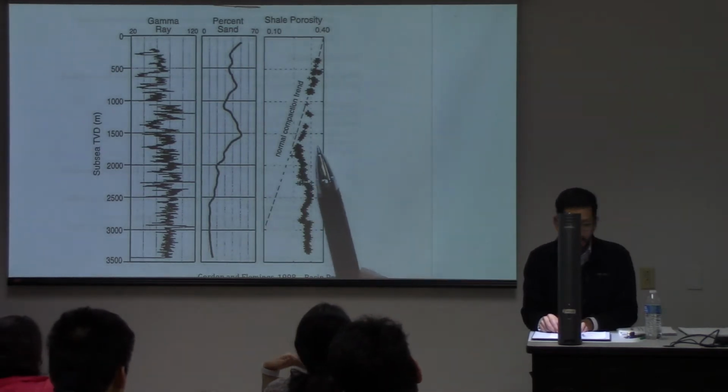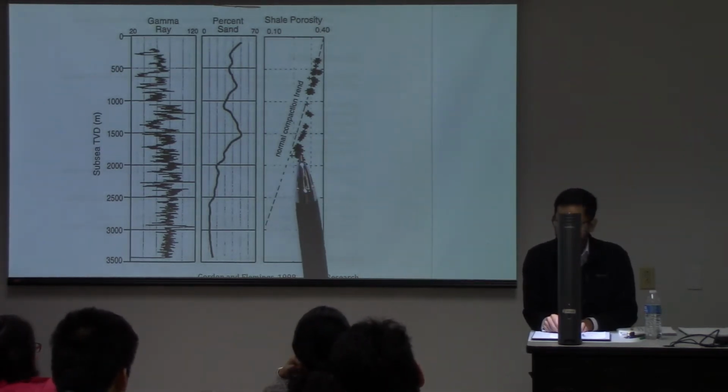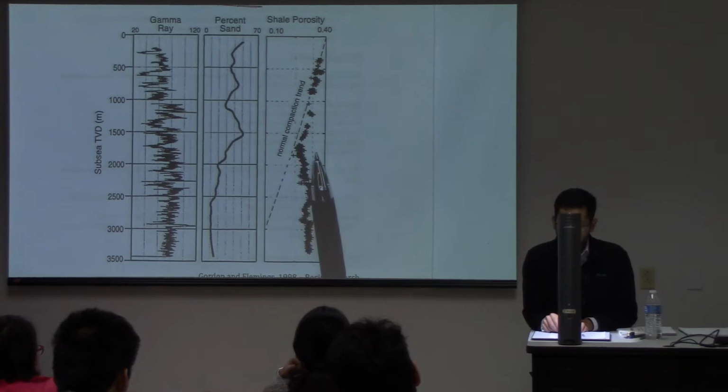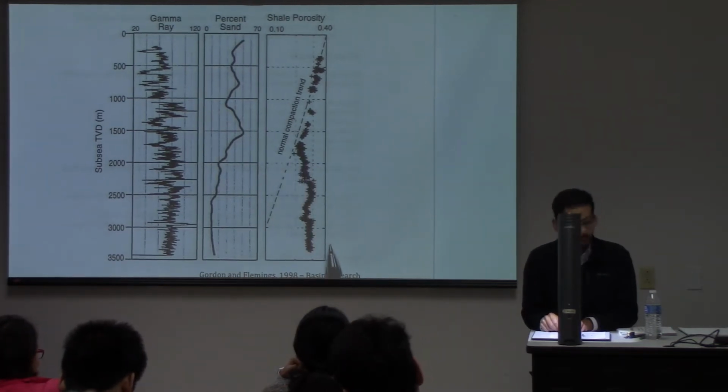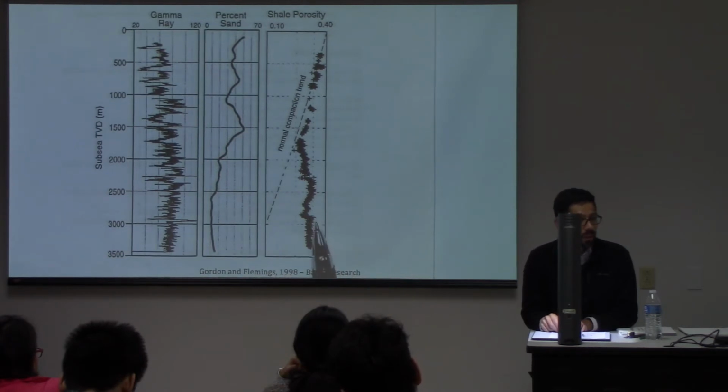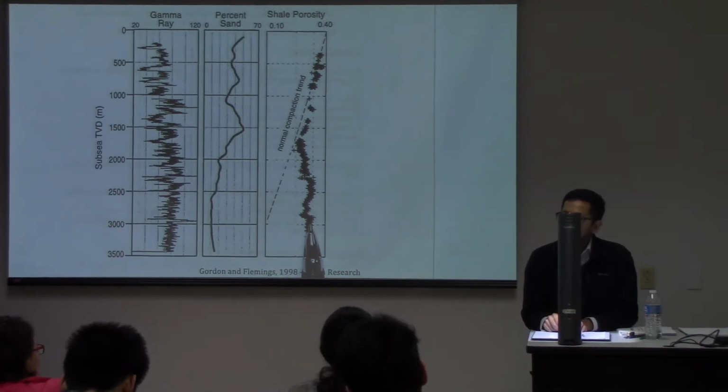Instead, you see that this departs from that normal compaction trend. Based on that departure, I'm going to ask you to compute the expected effective stress to obtain this porosity, and based on that expected effective stress, what the actual pore pressure is.